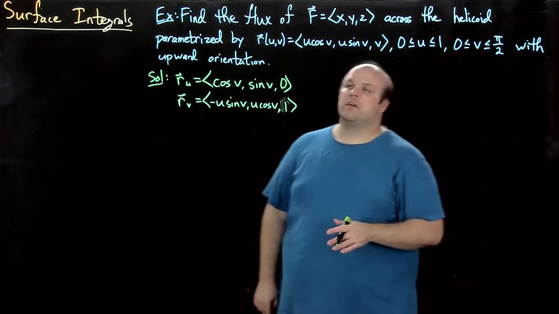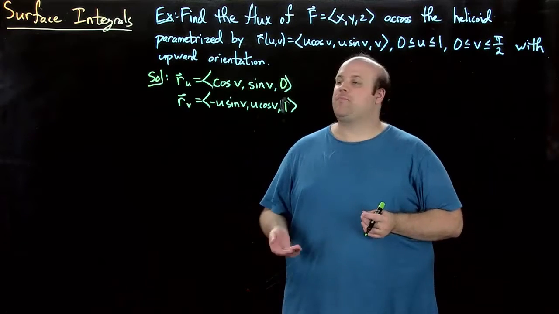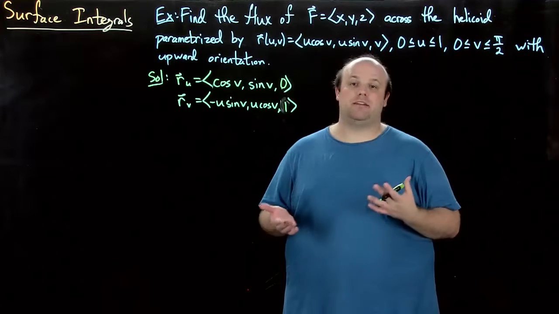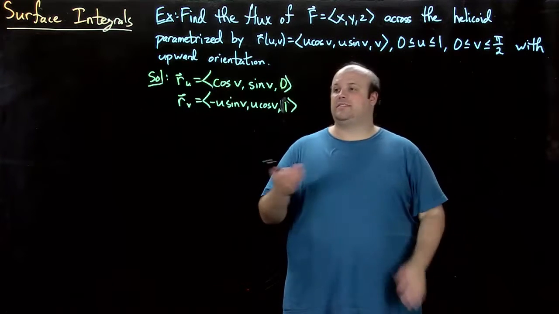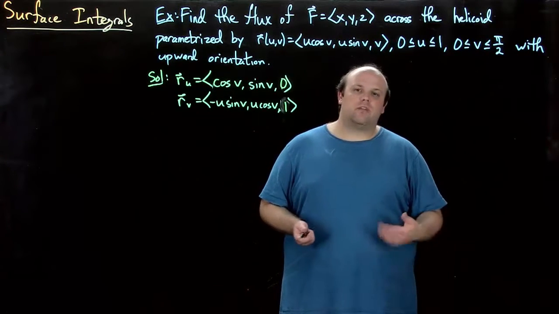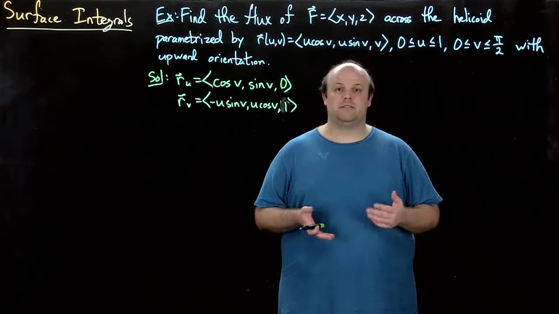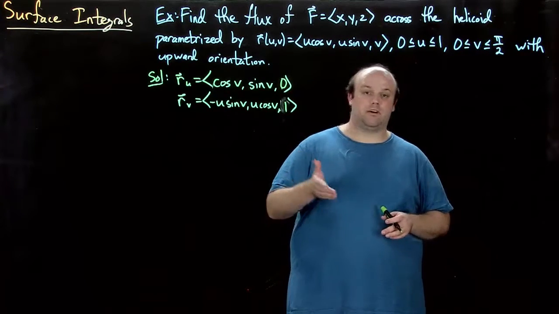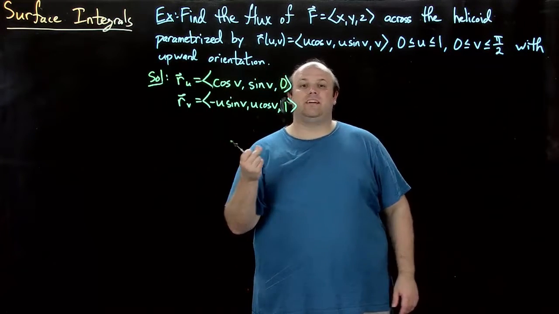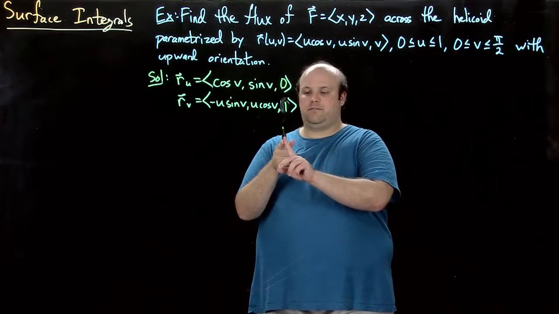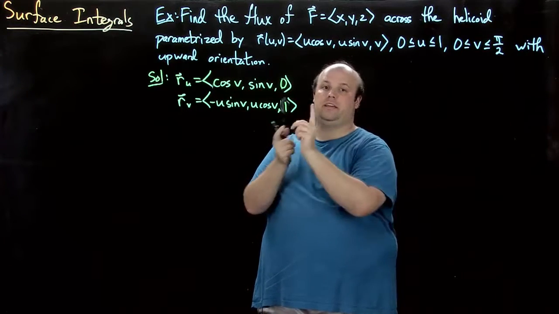So what order do we take the cross product in? You can figure this out by looking at grid lines, or you could just take the cross product. The grid lines for u extend from the z-axis outward along the helicoid.